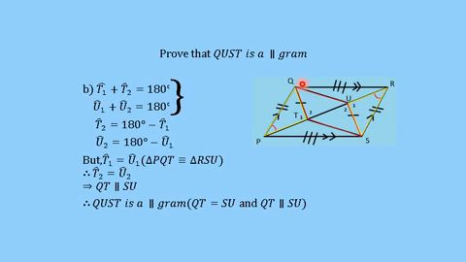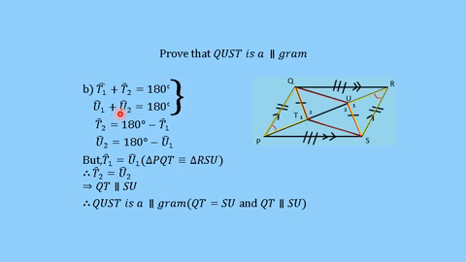And then to prove that QT is parallel to US, we must prove that angle T2 equals angle U2. Okay, so when you are writing, if you want to use T1 and T2, you must make sure that you redraw your diagram so that the marker will be able to see your diagram.